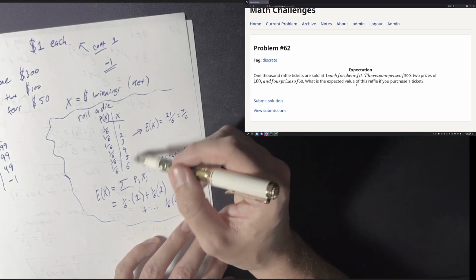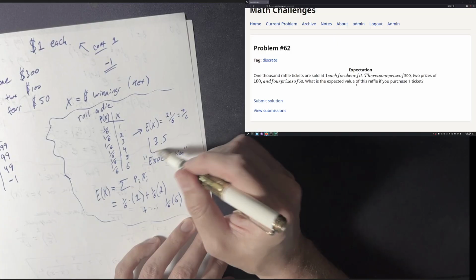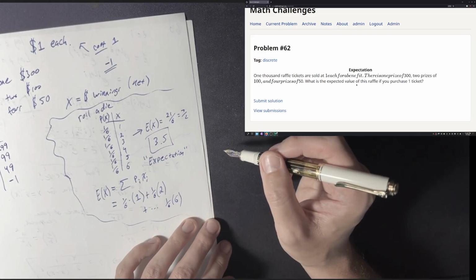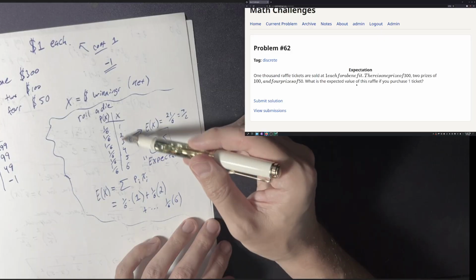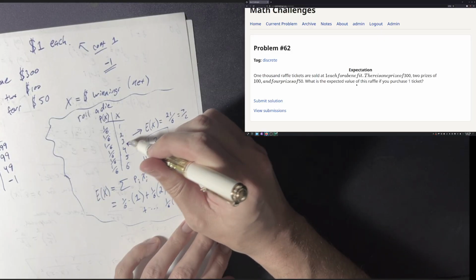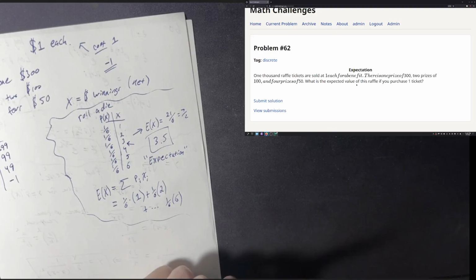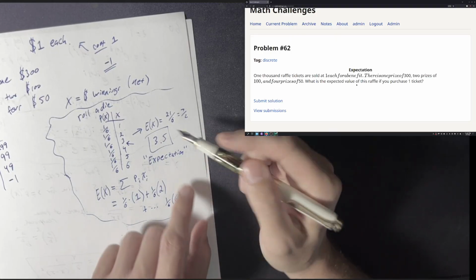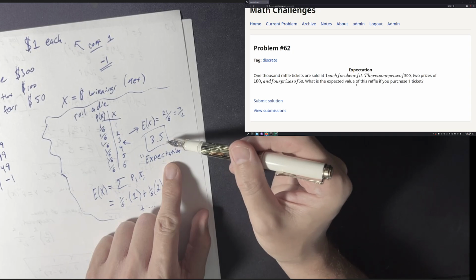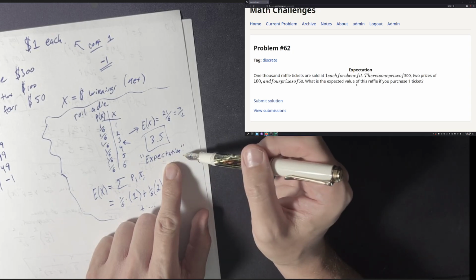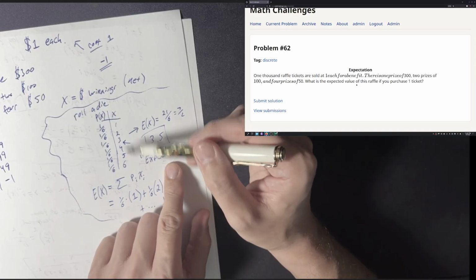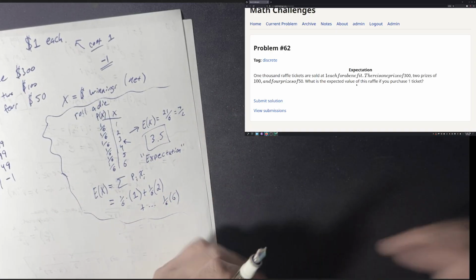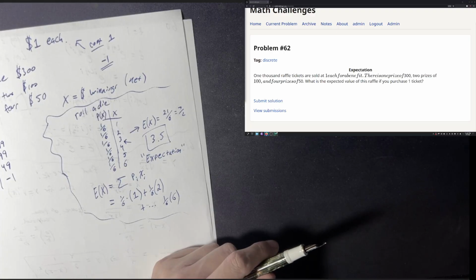So your expected value when you roll a die is 3.5, which maybe feels a little weird, but it's actually right in the middle. Just another comment, notice that that's not even a possible outcome. It's okay for your expected value to not be one of the outcomes of the random variable. In fact, it's pretty common.